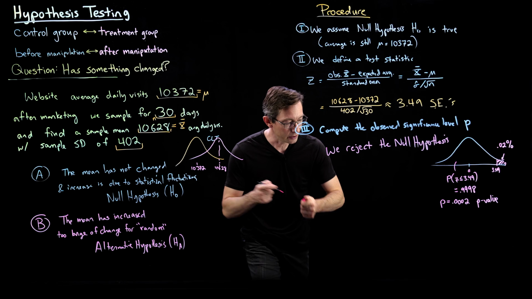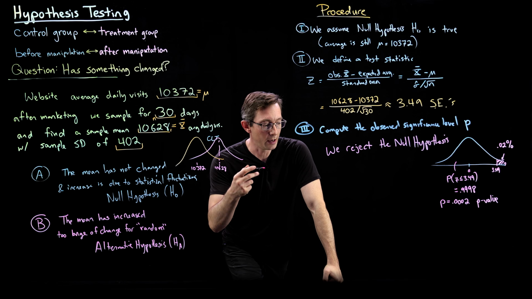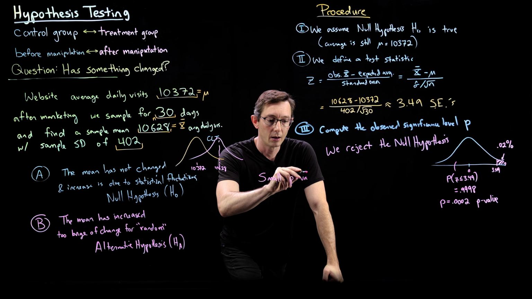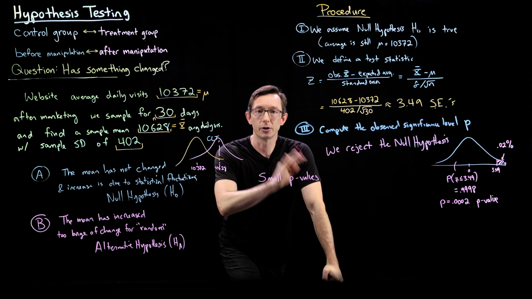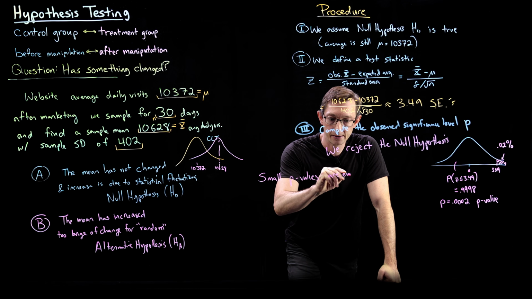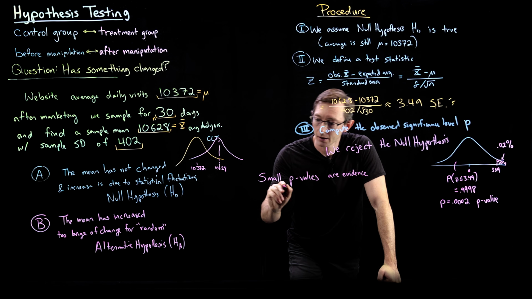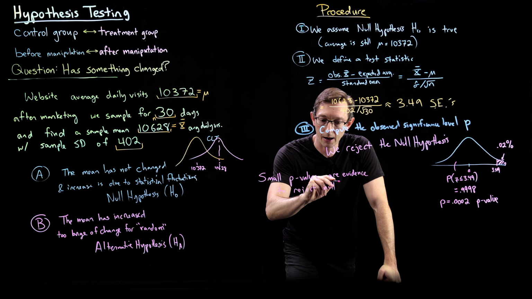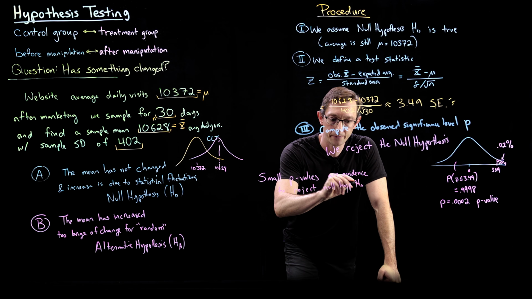Last thing about p-values. So we want small p-values, which are evidence to reject the null hypothesis, H naught.